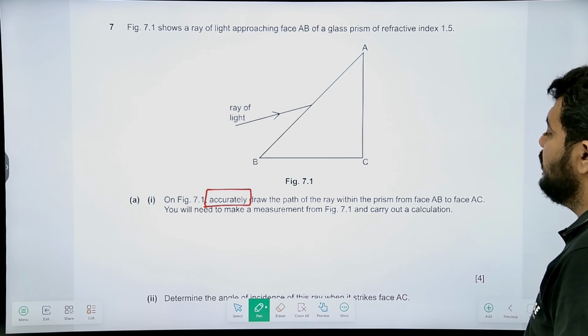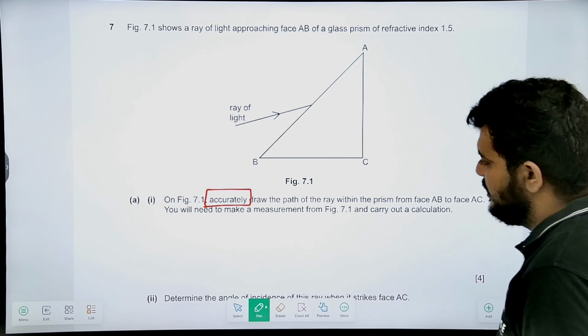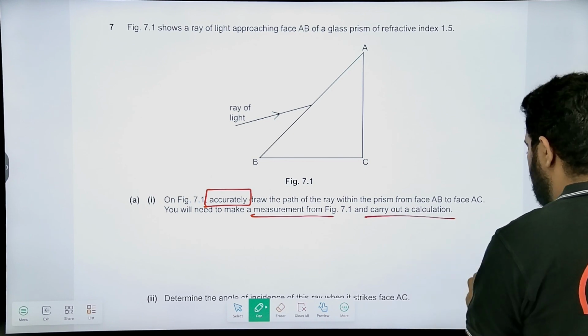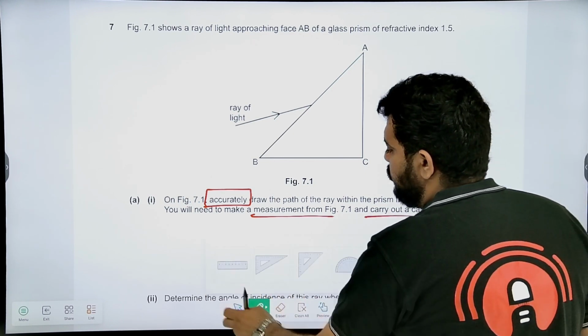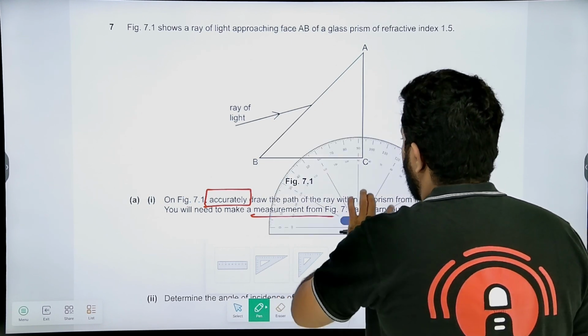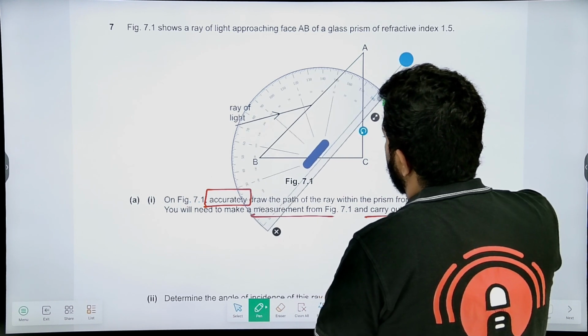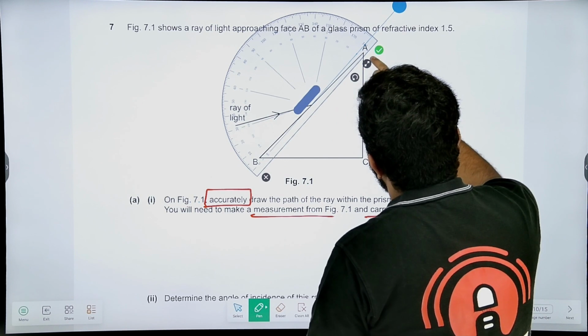Draw the path of the ray within the prism from the face AB to face AC. You will need to make a measurement and carry out a calculation. This is a 4-mark question. So what measurement should we make? We should actually make the measurement of the angle of incidence, right?